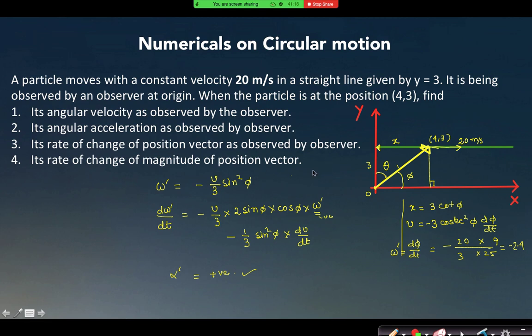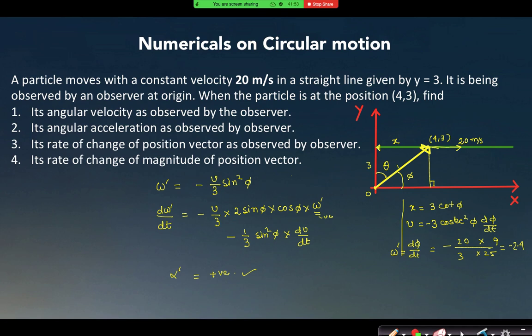If something retards, then velocity and acceleration are in opposite directions. You should have observed it: if a car crosses you and moves far away from you, the rate of change of theta, the angular velocity of that line, slows down. That is why alpha is opposite to that of omega.